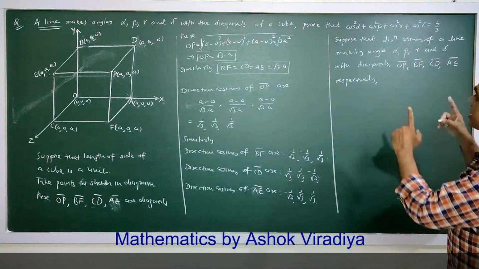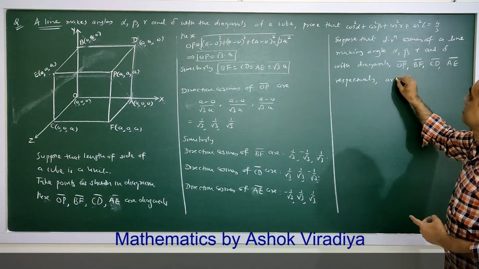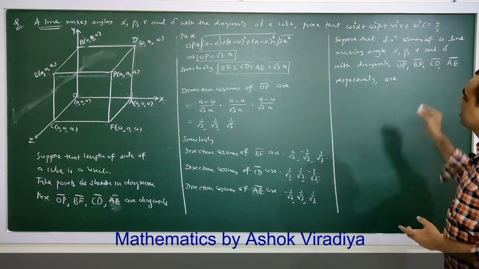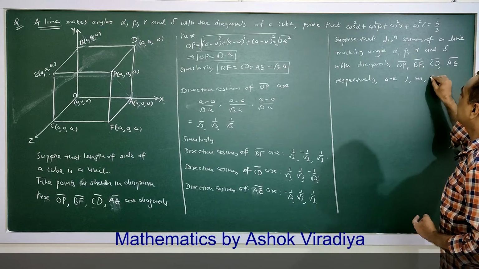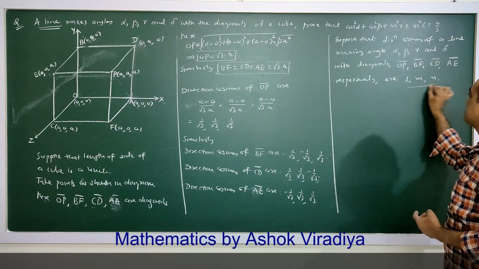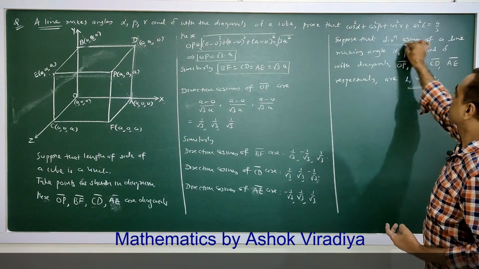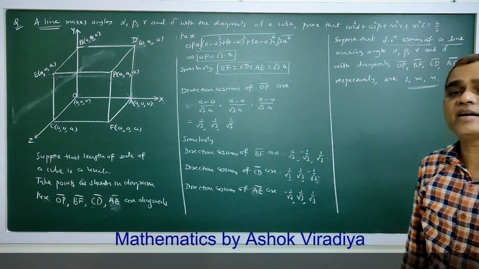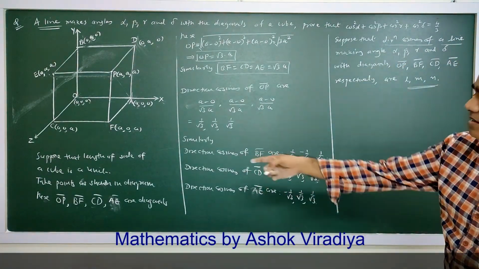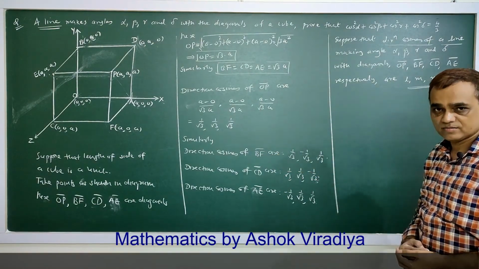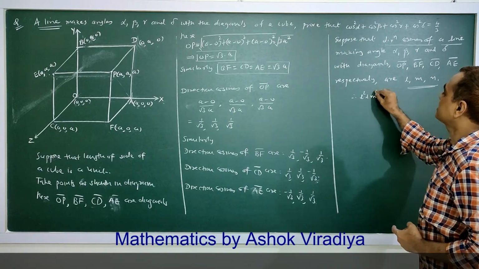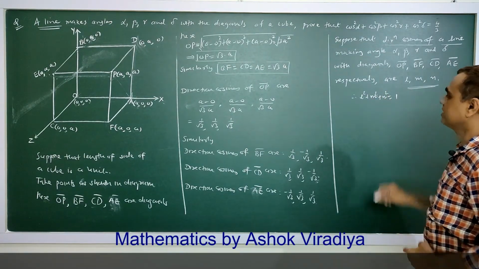And its direction cosines are, suppose, L, M and N. So L, M, N are direction cosines of a line making angles alpha, beta, gamma, delta with these diagonals. Because these are direction cosines, L square plus M square plus N square is 1.